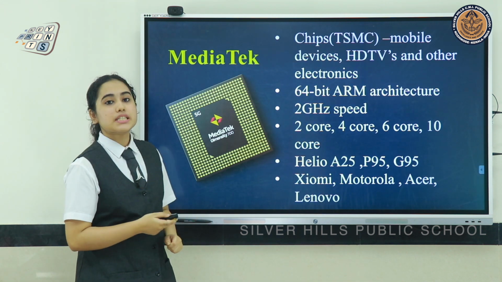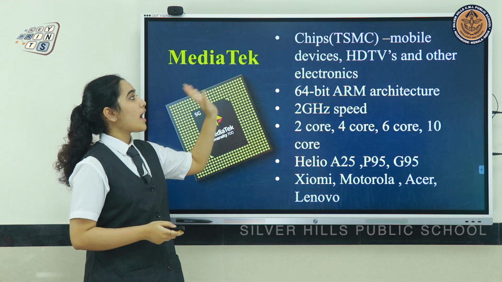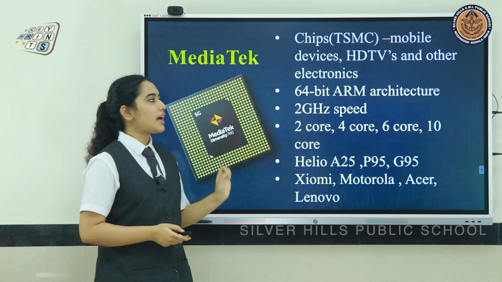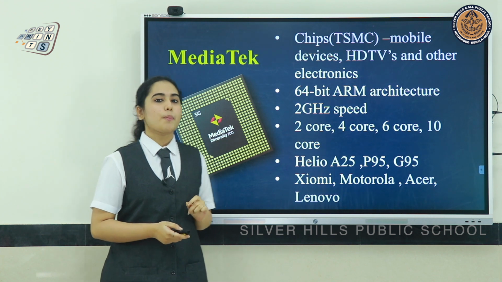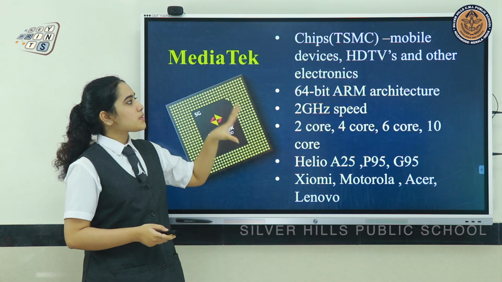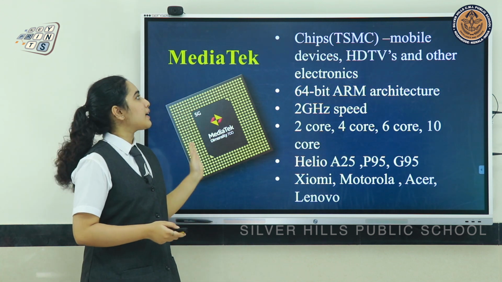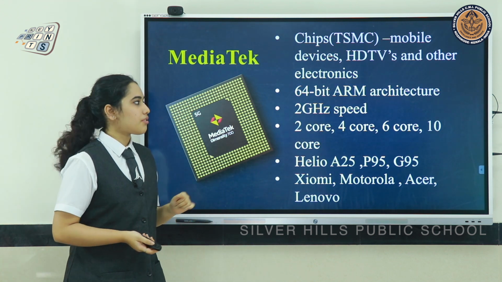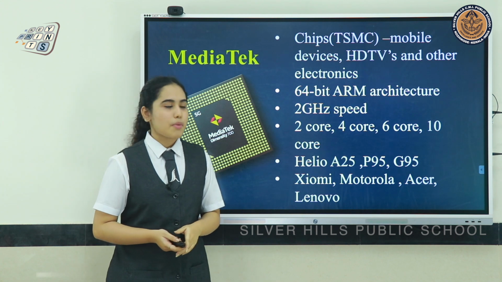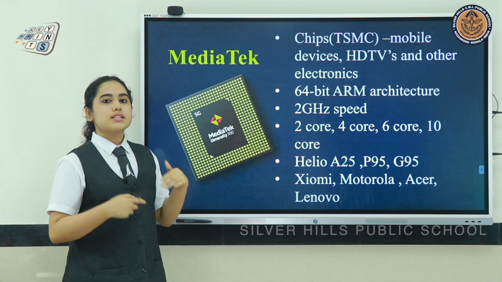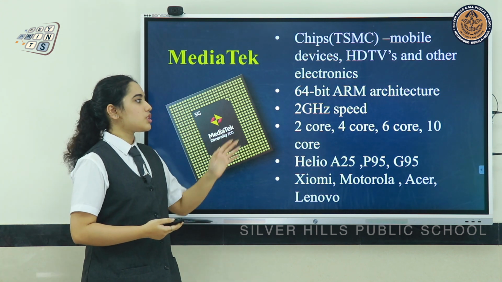Next we have MediaTek. MediaTek provides chips, which are manufactured by Taiwan Semiconductor Manufacturing Corporation, and they provide these processors for mobile devices, HD TVs, and other electronics. Again, MediaTek, just like NVIDIA Tegra, is of 64-bit ARM architecture, and its data transmission speed is 2.2 GHz.